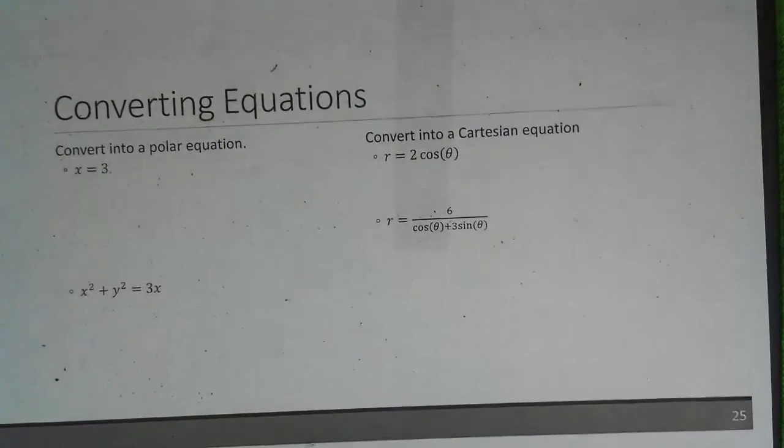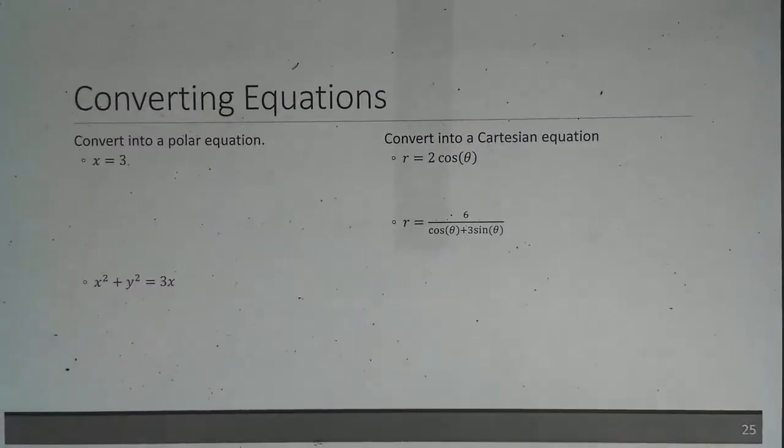The last thing we're going to do in this section is convert equations. So if we want to take a Cartesian equation and convert it into a polar equation, we can do that, or vice versa. So first up, we have x equals 3. I want to take it from being in terms of x and y and put it into terms of r and theta.